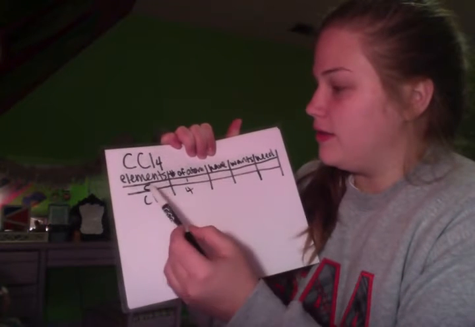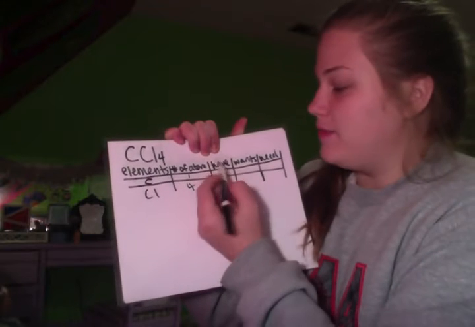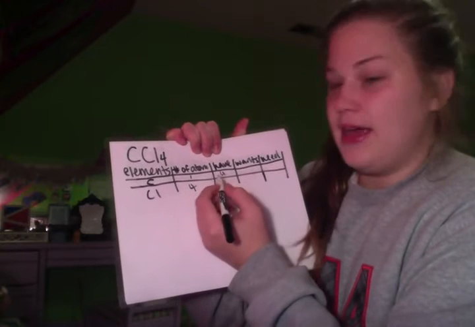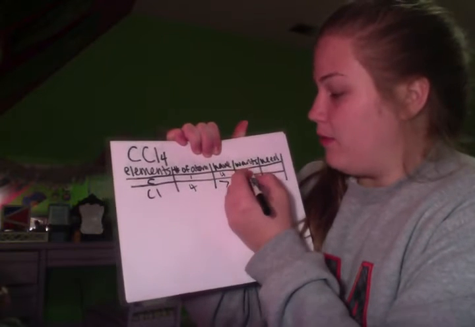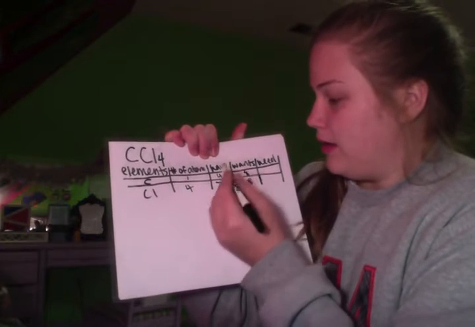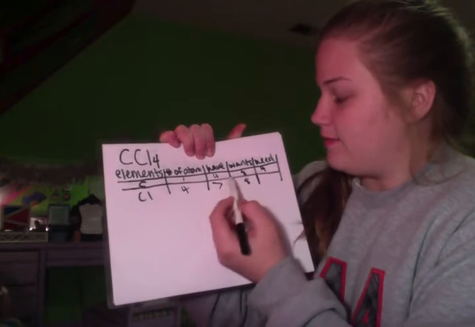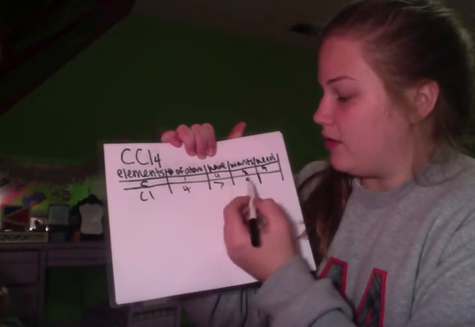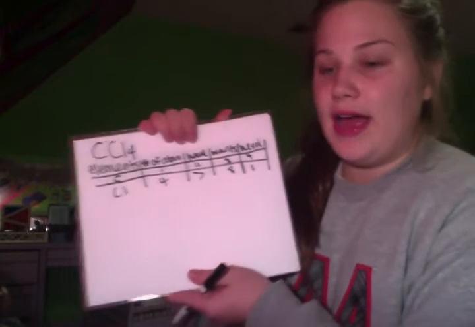Then you see how many electrons they have: C has 4, Cl has 7, and they both want 8. So you subtract 8 minus 4, and C needs 4, and 8 minus 7, Cl needs 1. And so you start like that.